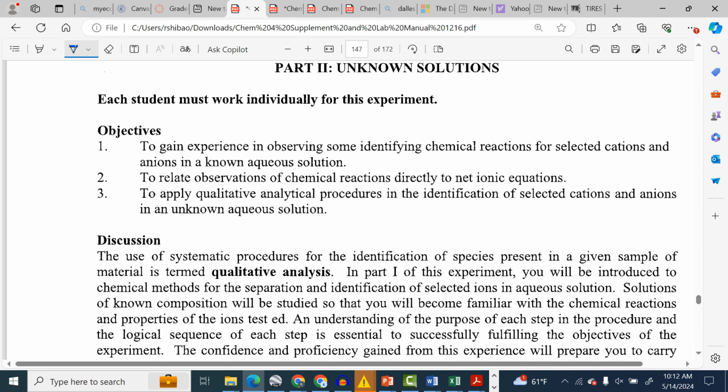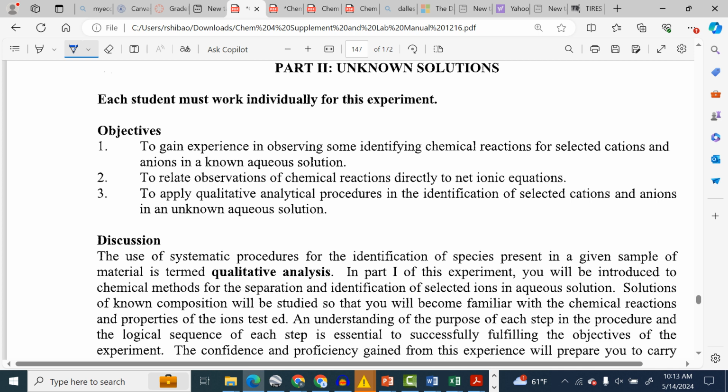That would be like a quiz question, say if this were at UCLA. You write a short definition of what qualitative analysis is. Can I read off the paper? It's a lot of words. Yeah, go ahead. Uses systematic procedures for identification of species and investigative sample material.